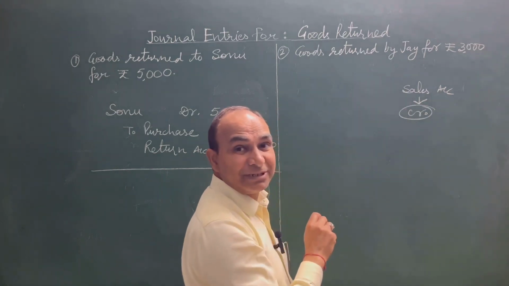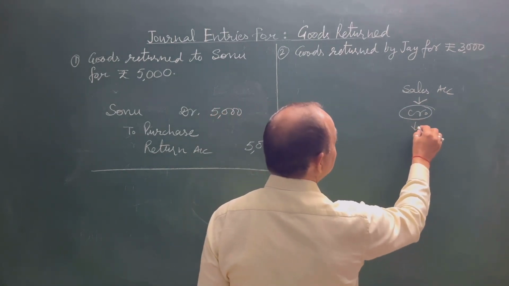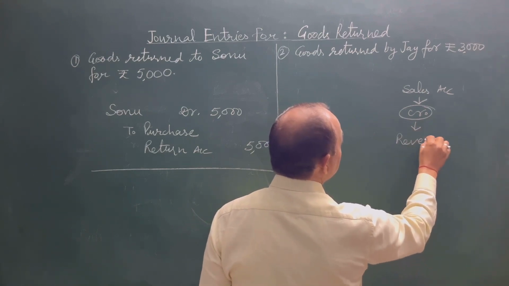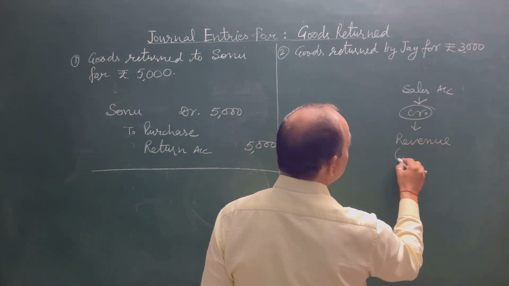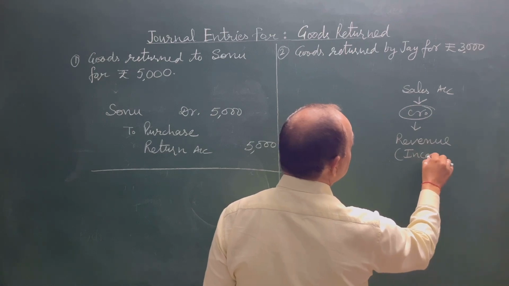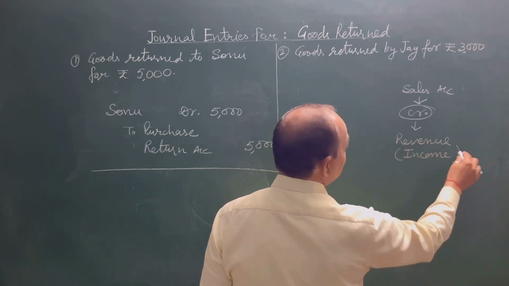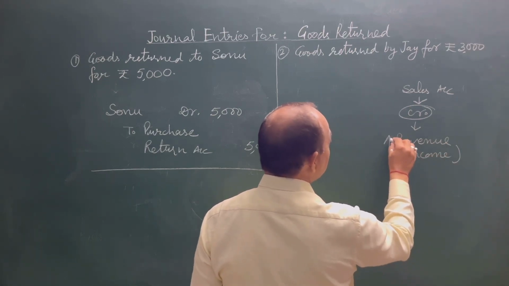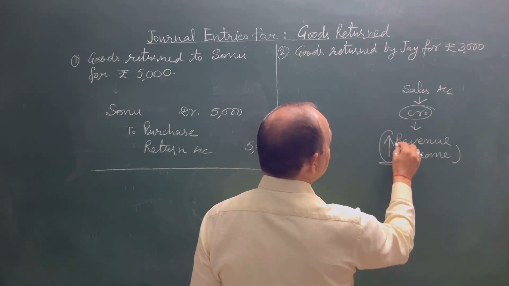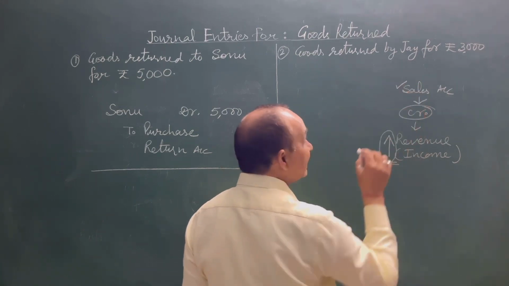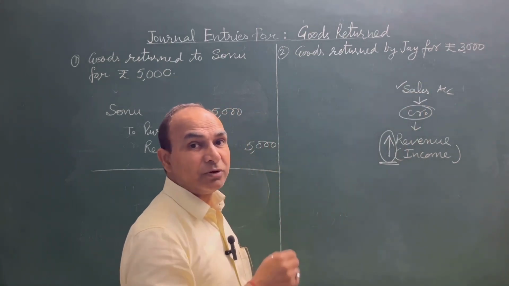Why is the sales account credited? Because it is revenue, the main source of income of the business. It means an increase in revenue is always credited, and this is credited to the sales account when goods are sold.